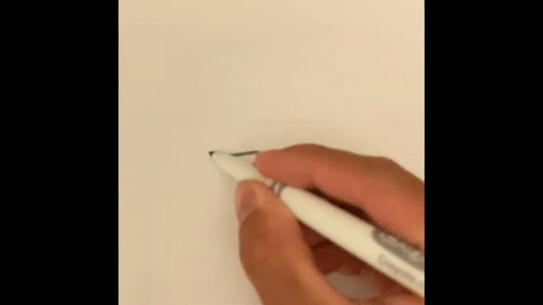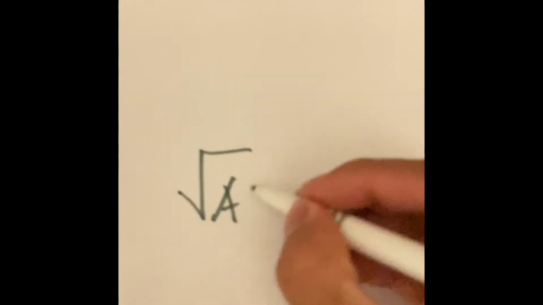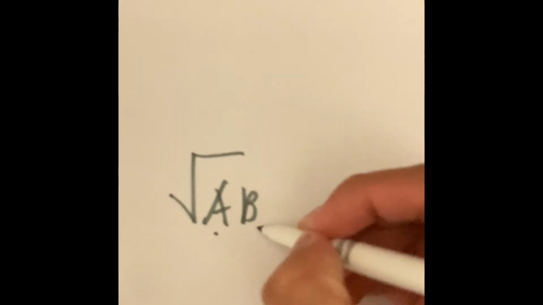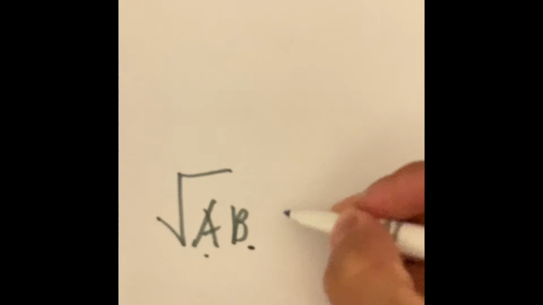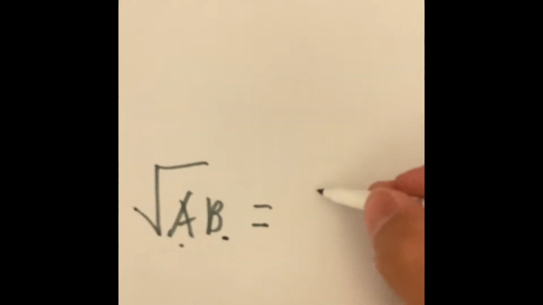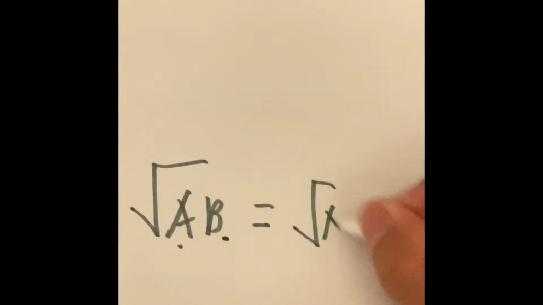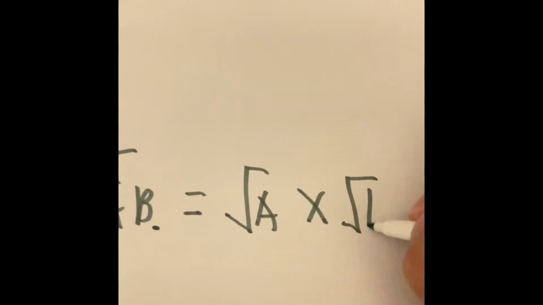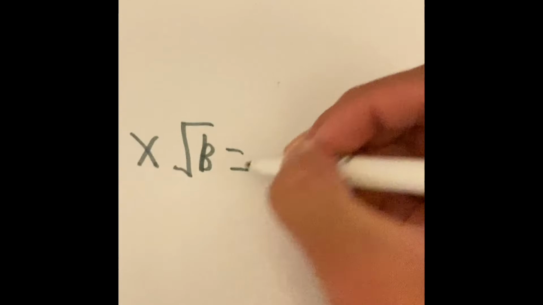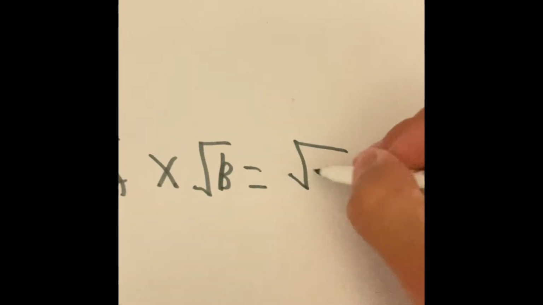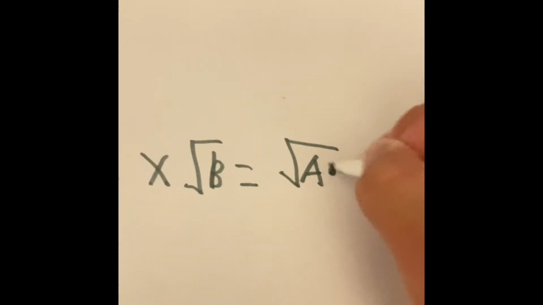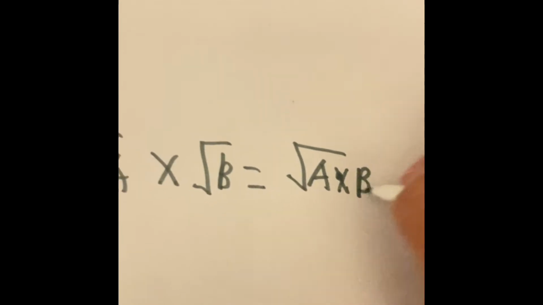Here's the rule. If you find the square root of a times b, as a and b being both numbers, that is the same exact thing as the square root of a, multiplied by the square root of b, or the same thing as the square root of a times b at the same time.